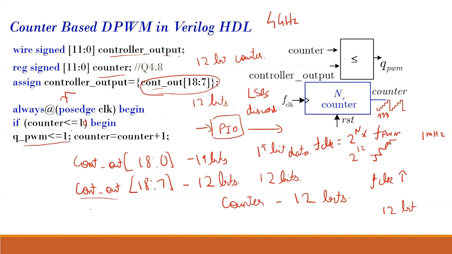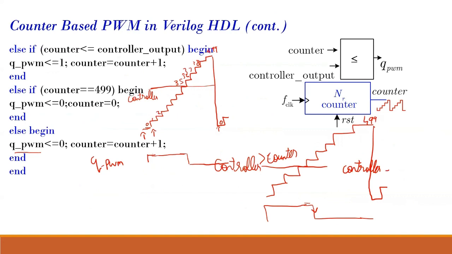Even if my controller output was at 2 but my minimum value was 10, it will continue to remain high until it reaches 10. And once it reaches 10, this comparison will be made and it will be set to 0.